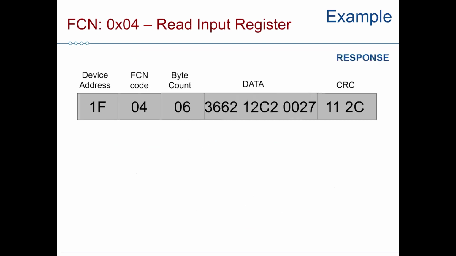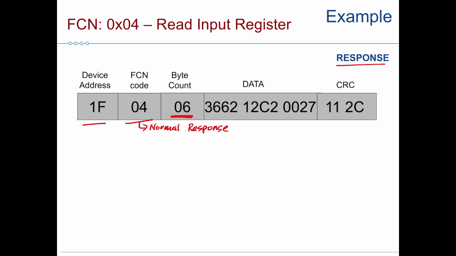Here's our response now. For our response, we have an echoed back device address, or an echoed back server address. We have an echoed back function code, so we know this is a normal response, because there wasn't a 1 in the most significant bit of this function code from the response. That would be flagging an exception. Notice we have a byte count of 6.